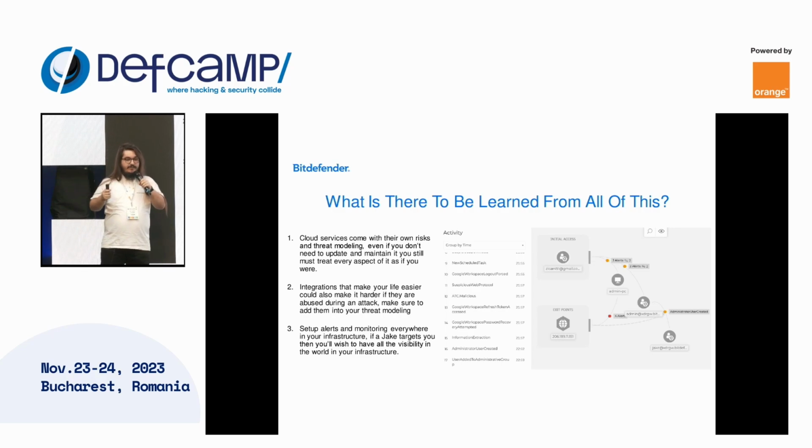Also, be very careful with the integrations that can make your life easier and then make it harder if they are attacked. And thirdly, try to set up monitoring and alerts for absolutely everything, because if someone like Jake has set their sights on your company, you would wish you had done that.